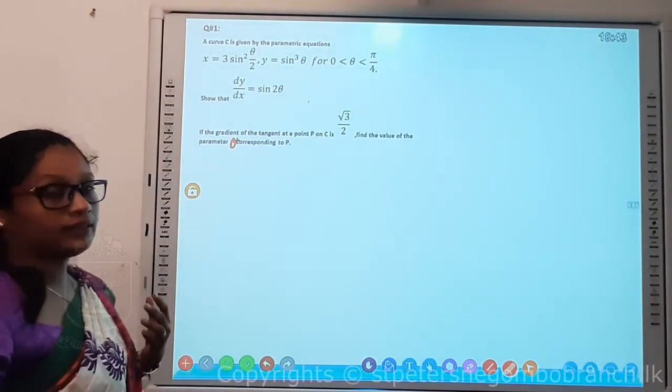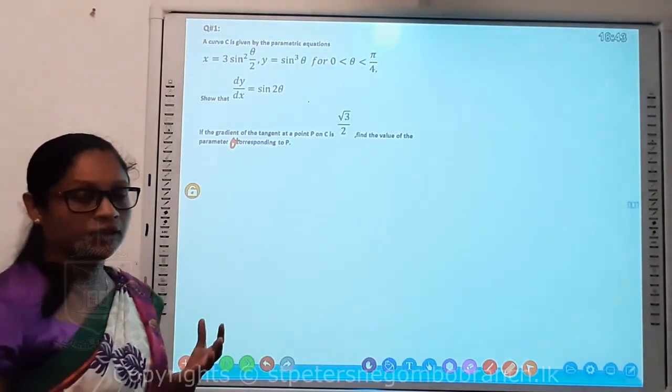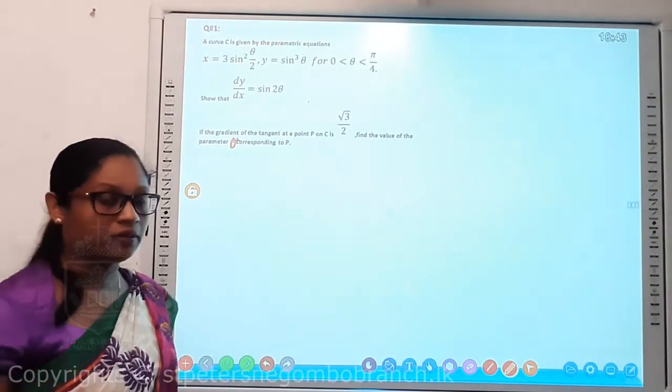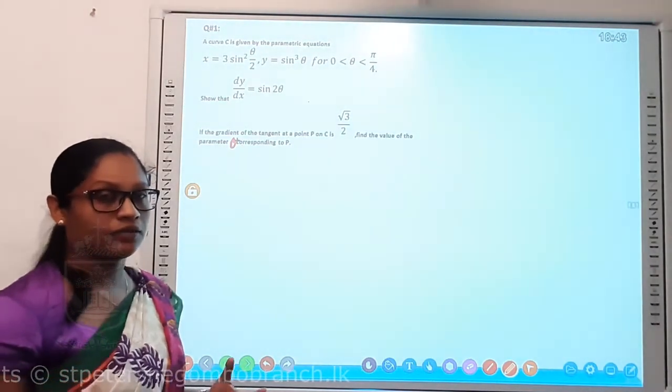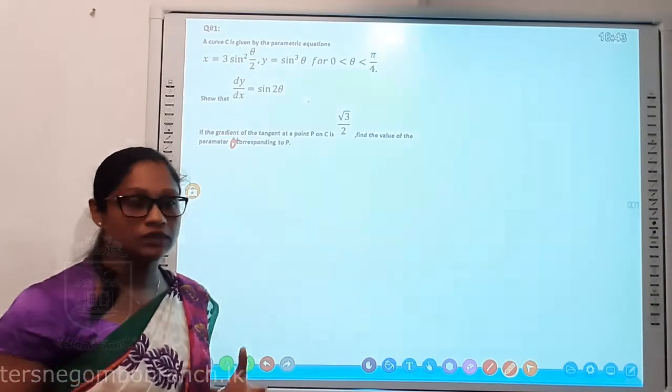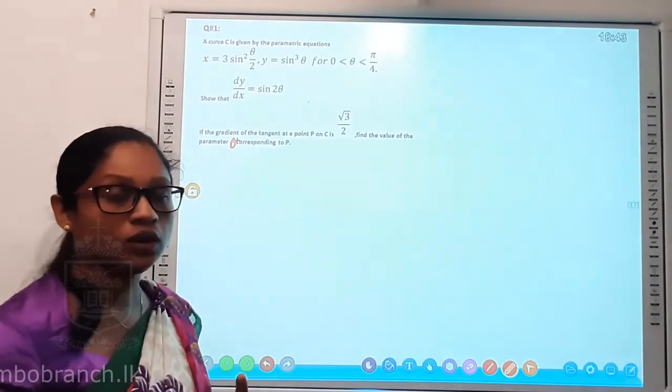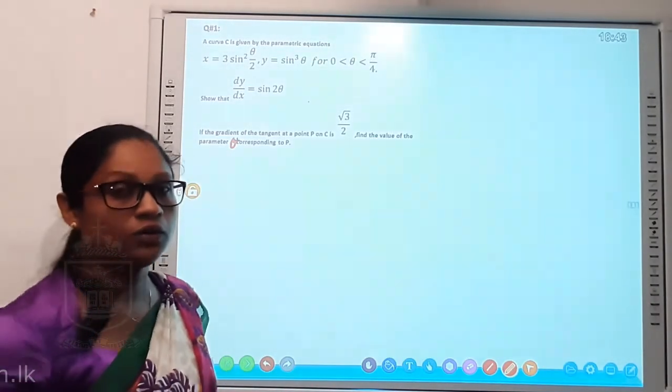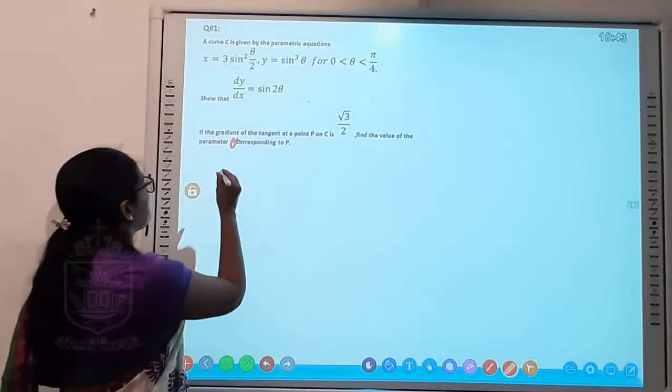Here the function is given in parametric form, the third variable being theta. So to find dy over dx, first we want to differentiate these two equations with respect to theta.